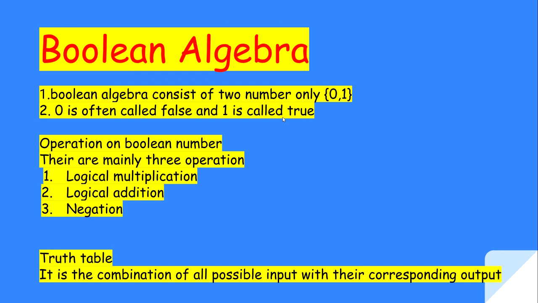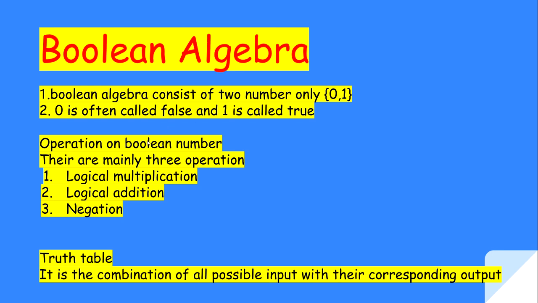But actually 0 and 1 are used to represent voltages. 0 represents low voltage whereas 1 represents high voltage, because a computer is an electronic device, it does not even understand binary numbers as such. These are nothing but voltages, and you learn about these in higher engineering.